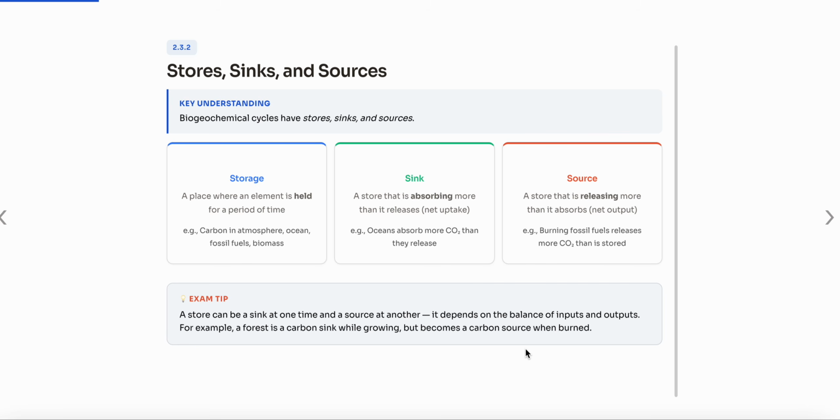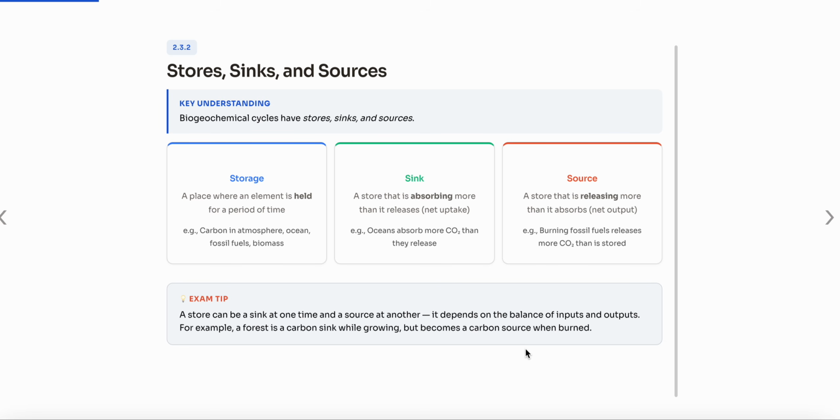A source is a place where the element is releasing more than it absorbs. It's where the element is coming from. For example, when you burn a fossil fuel, it releases more carbon dioxide than it stored.